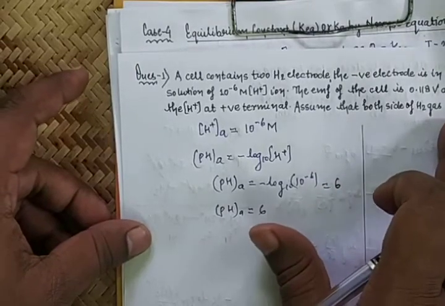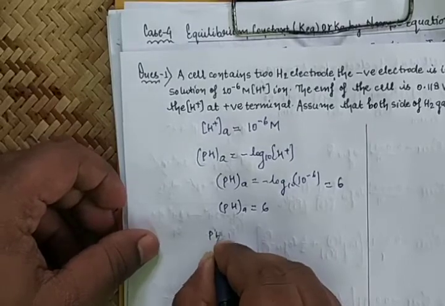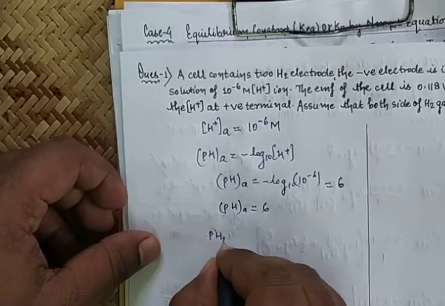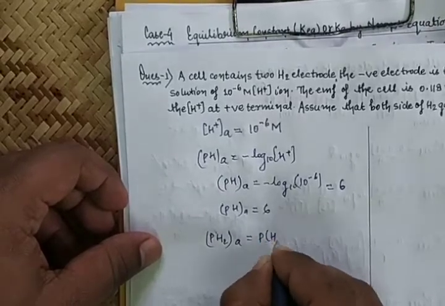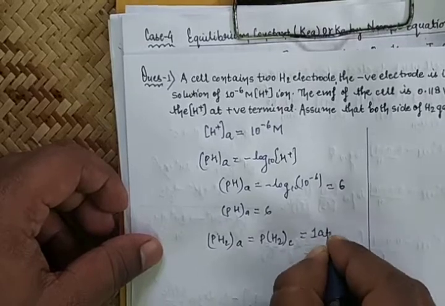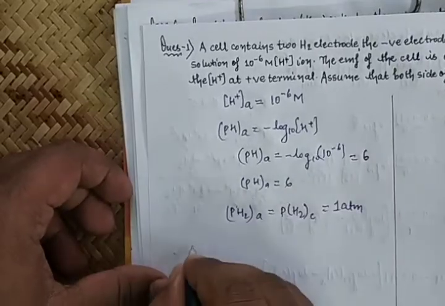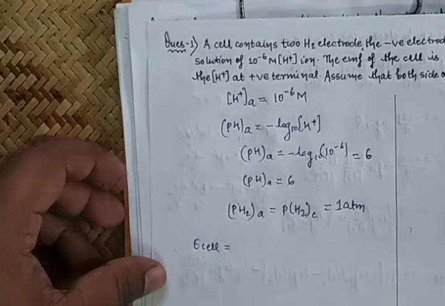And assume that both sides of hydrogen gas are at 1 atm. It means the pressure of hydrogen gas at the anode is equal to the pressure of hydrogen gas at the cathode, which is 1 atm. So now the formula is E cell, and you know E naught cell for hydrogen is 0.